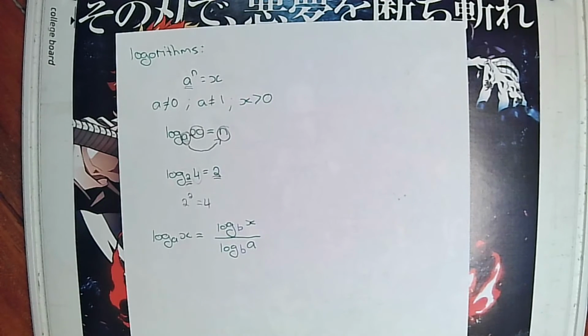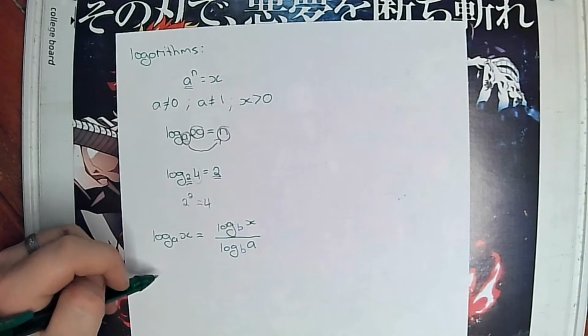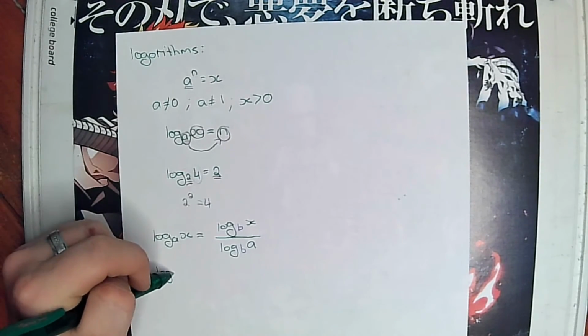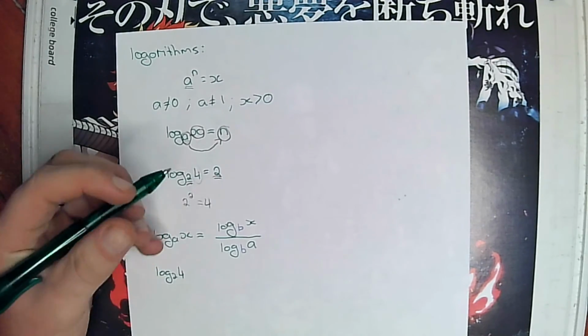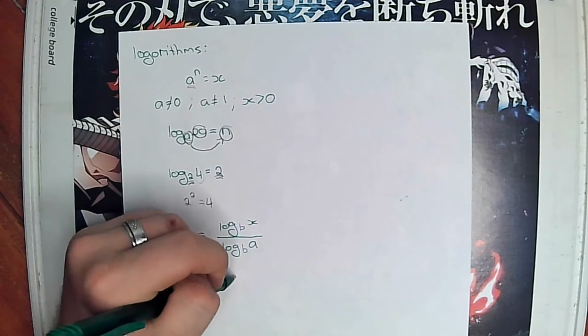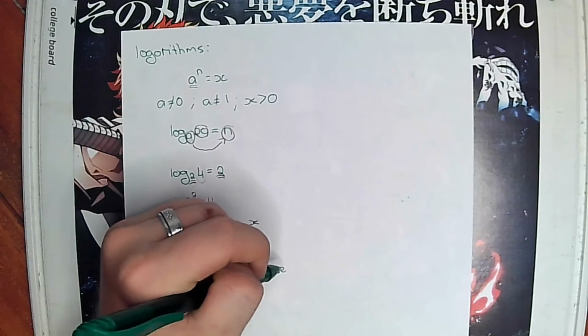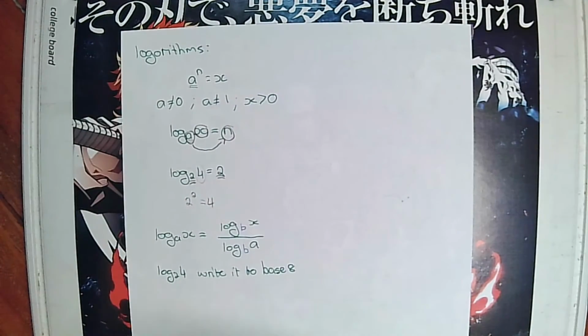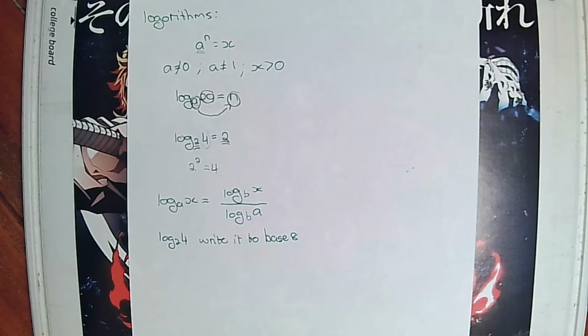So say, for example, we look at the above example. Let's say we take log to the base 2 of 4, and we want to write it to base 8. So we want that log to be of base 8. How do we go about doing that? Well, for this type of problem, it's basically substitution.